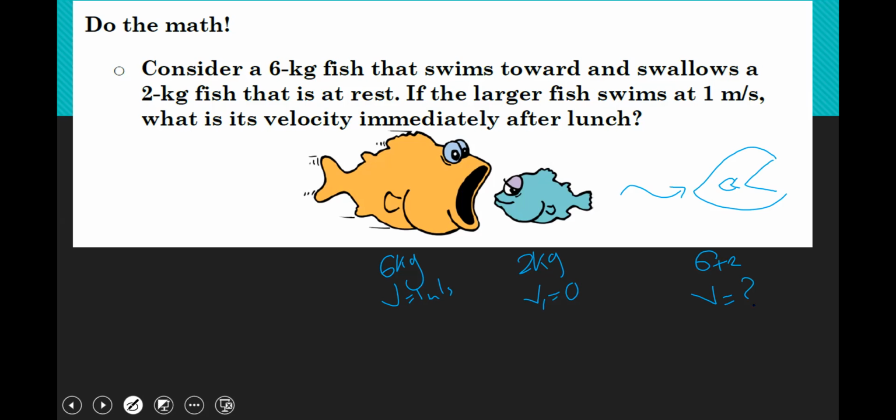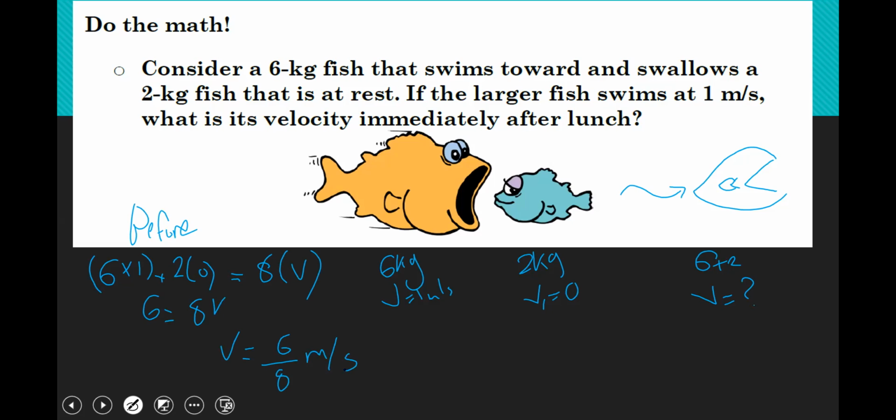So what do we have? We have 6 times 1 plus 2 times 0. This is before the collision, equal to 6 plus 2, which is 8, times the new velocity. 6 equals 8v, so the new velocity will be 6 over 8 meter per second.